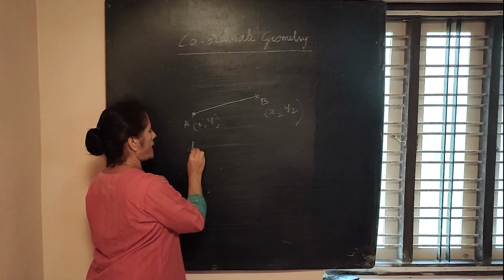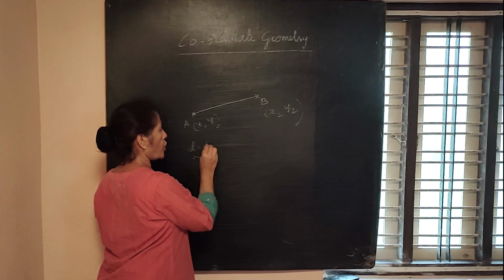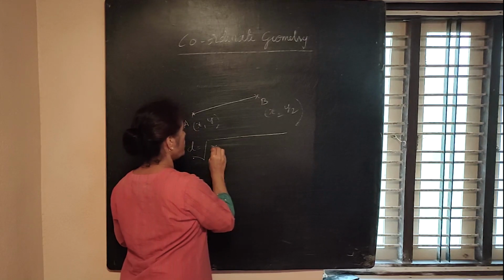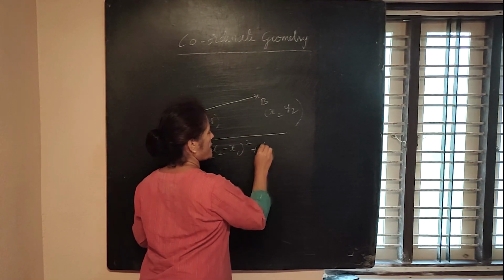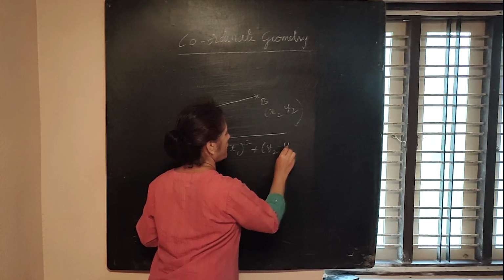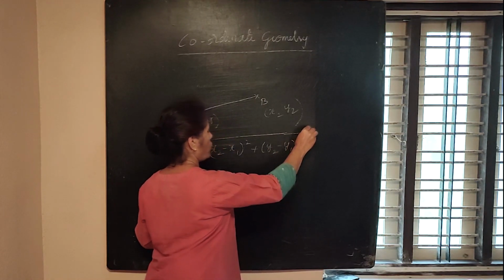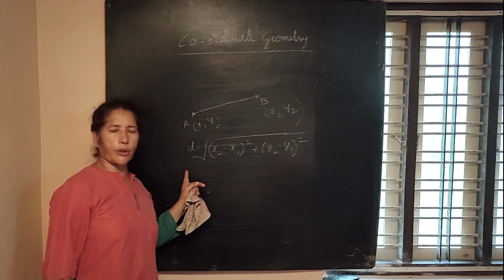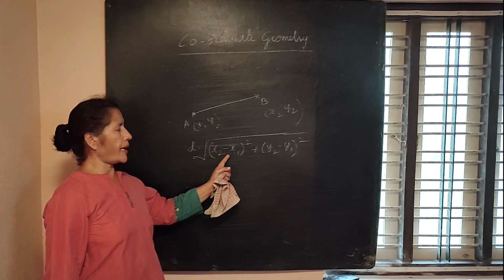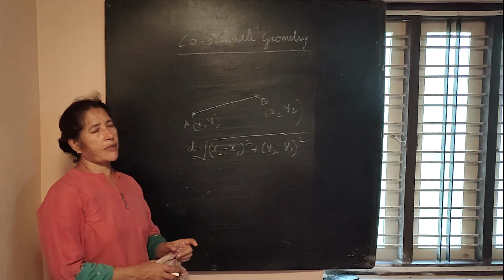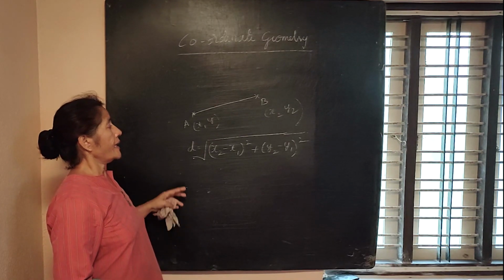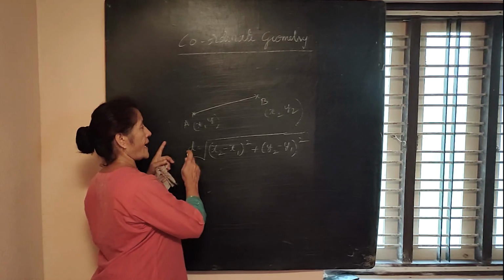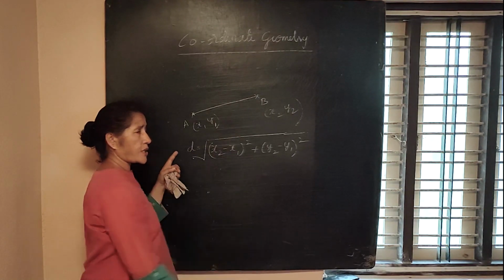So the distance formula: D is equal to square root of x2 minus x1 the whole square plus y2 minus y1 the whole square. My question is, should I always take A as x1, y1 and B as x2, y2?